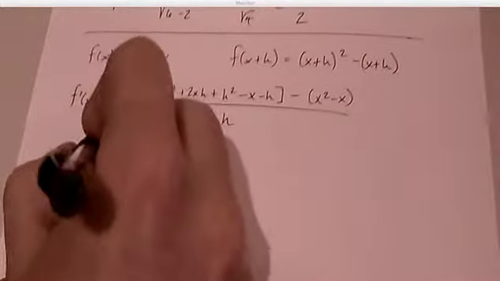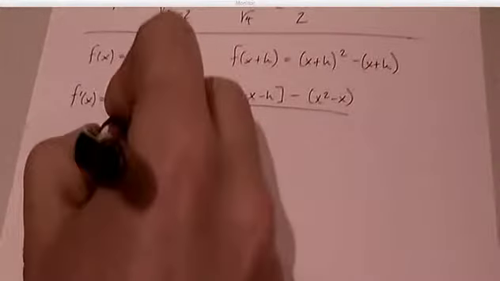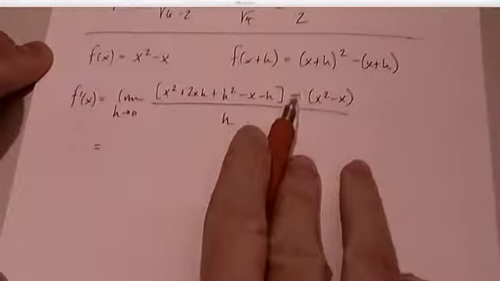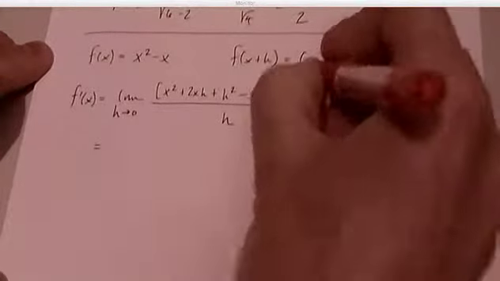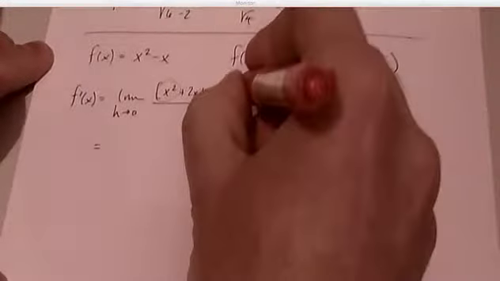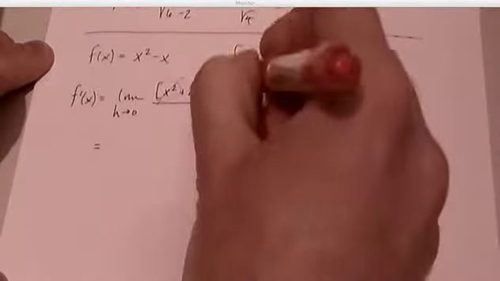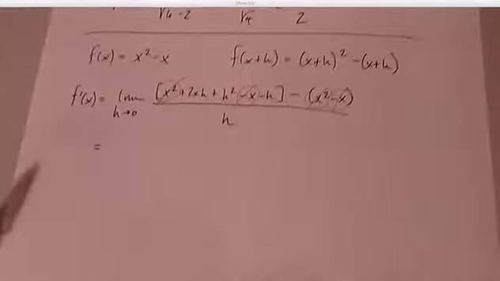And when I start actually simplifying, I know that once this negative right here gets distributed, this x squared and this x squared, this x and this x, they're all going to go bye-bye.